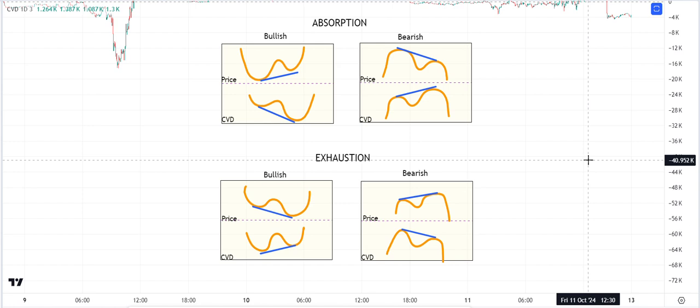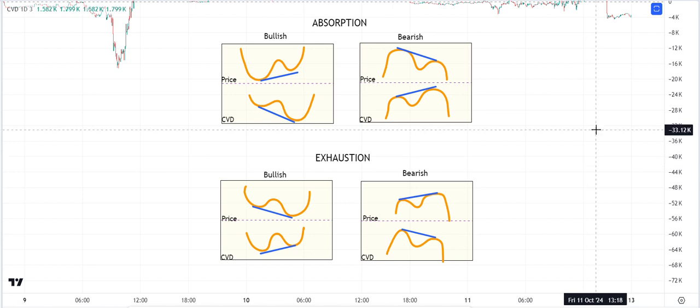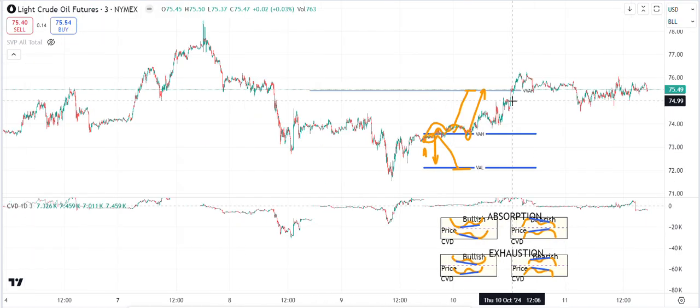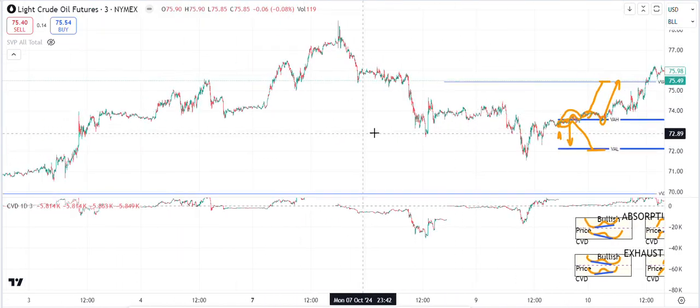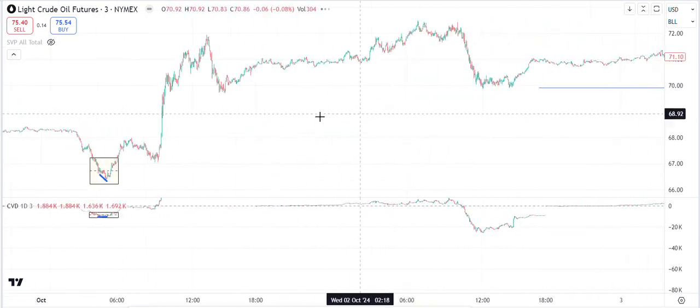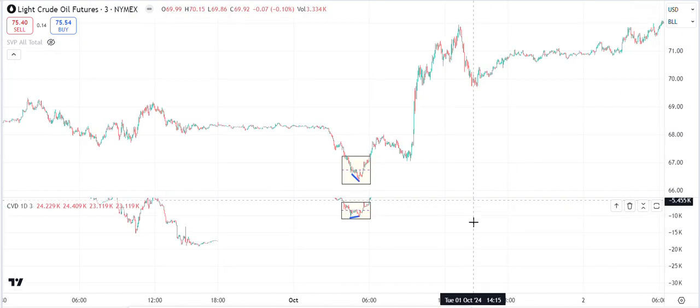If I go on a higher time frame, I could get more volume data, more days. But for this example, I'm just showing you that it works and actually gives an edge. We're just going to look at the 3 minute time frame on crude oil. Okay, so this is the same, that's the prep day, so that's the one I was looking at.